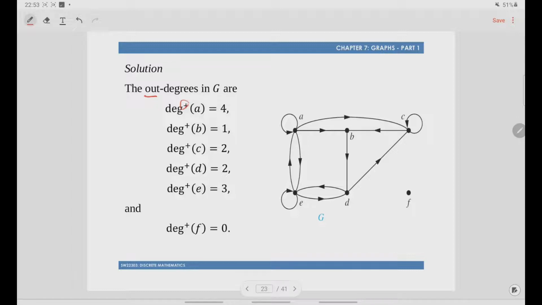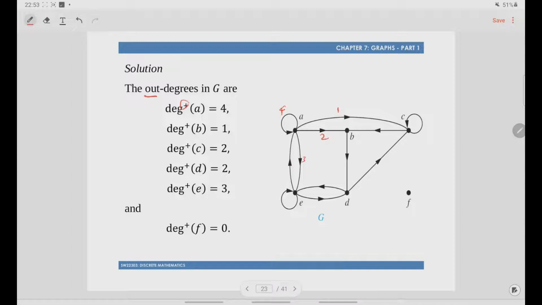For example, A. How many arrows are pointing out from A? We have 1, we have 2, we have 3, and another one, don't forget about the loop, we have 4. So the out degree of A equals 4. The out degree of B, where is B?